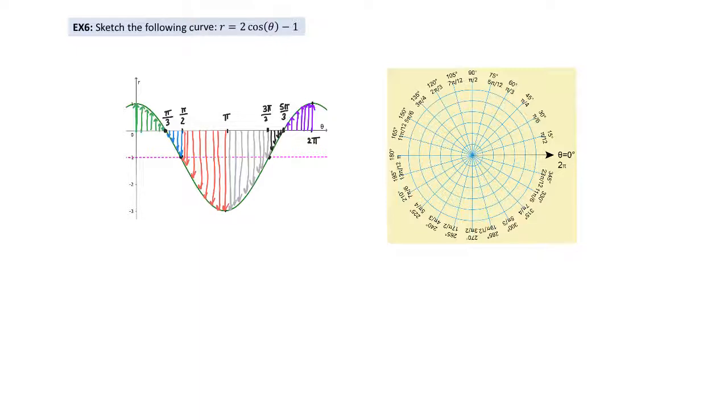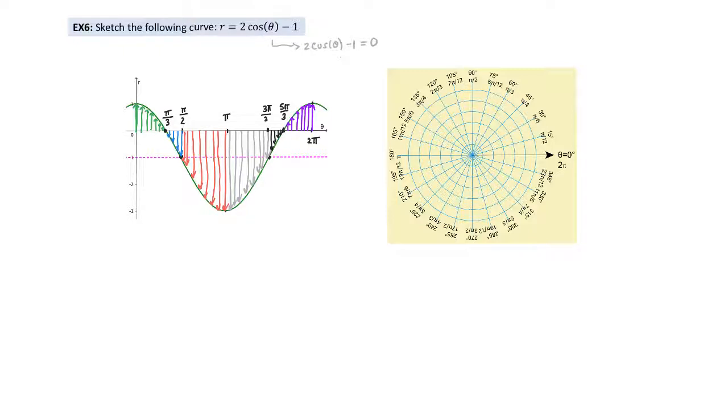So in the first section, in order to find this value pi over 3, I practically found the x-intercepts, or in other words, the theta intercepts of this equation. I was thinking in the traditional sense. So I said, when will 2 cosine theta minus 1 equal 0?